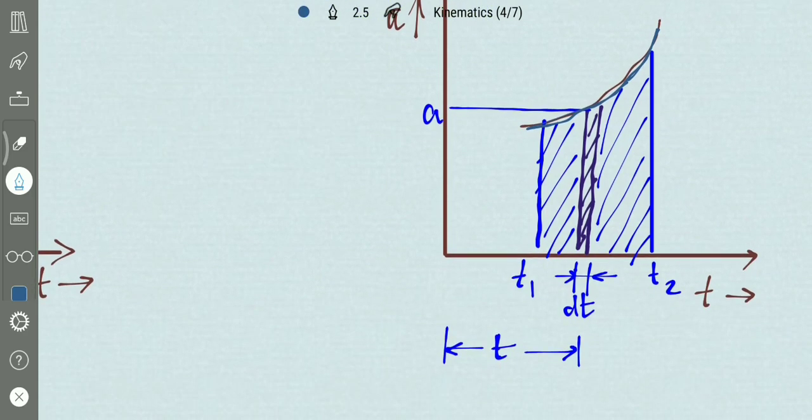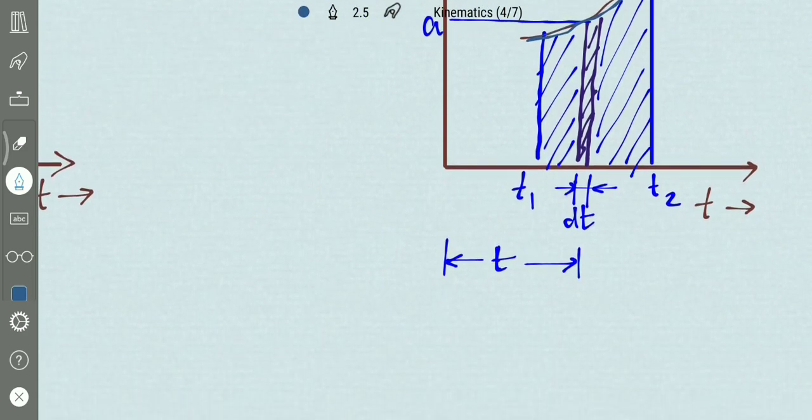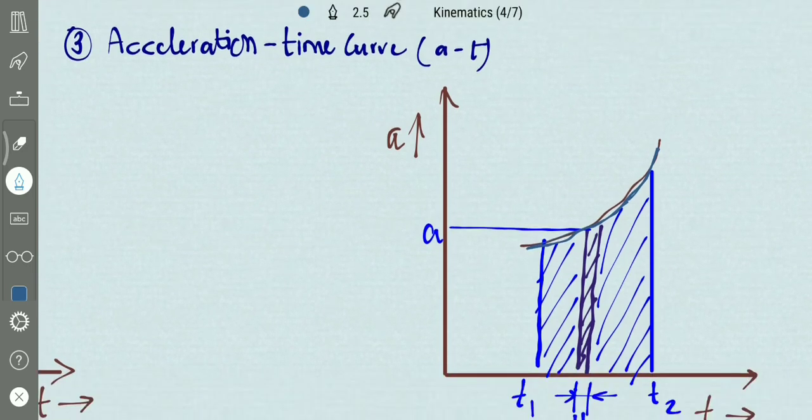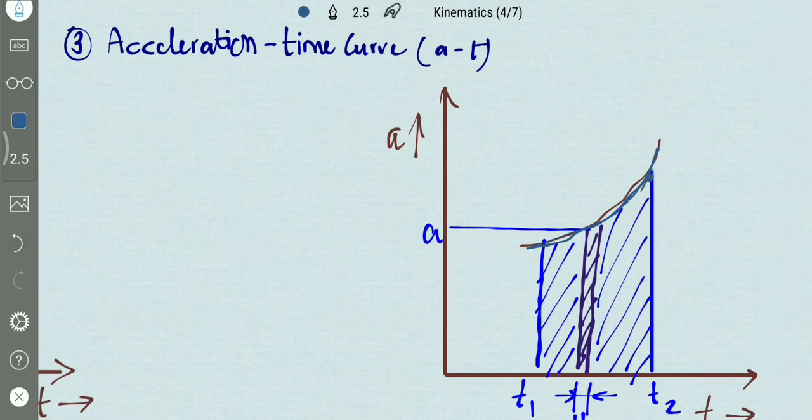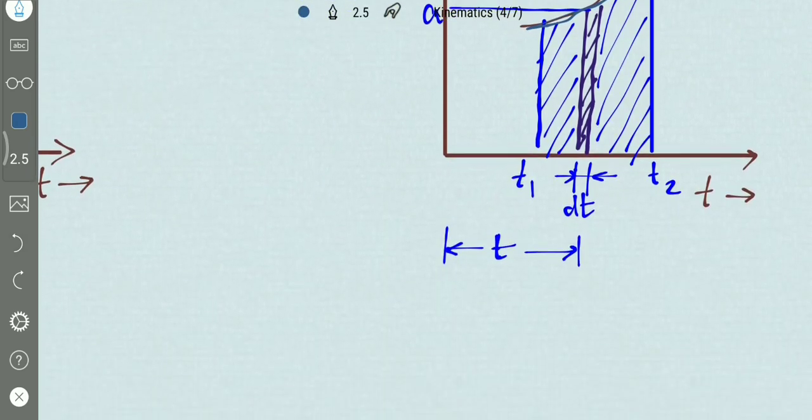Here, if we find the slope at this point, we cannot find any slope here. We can find, but there is no need.